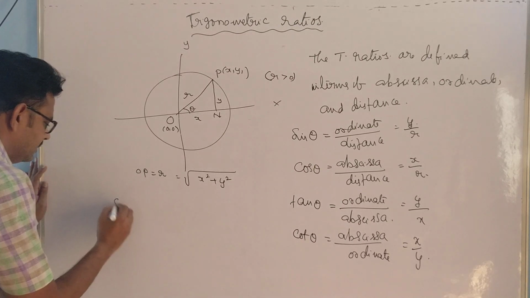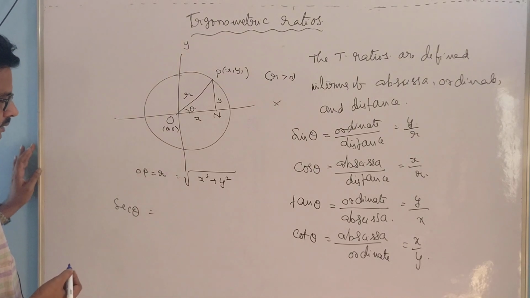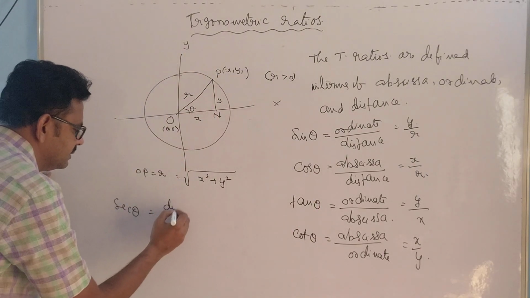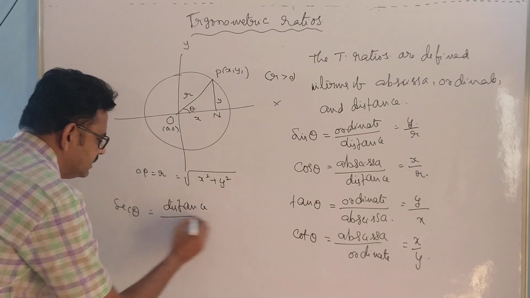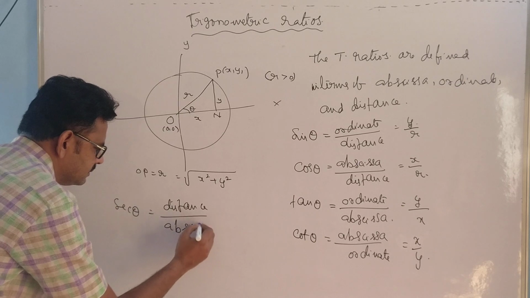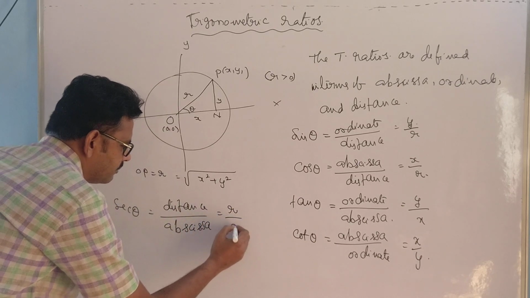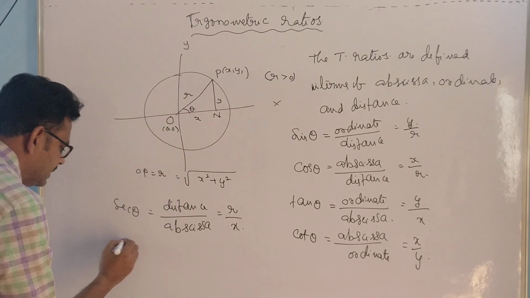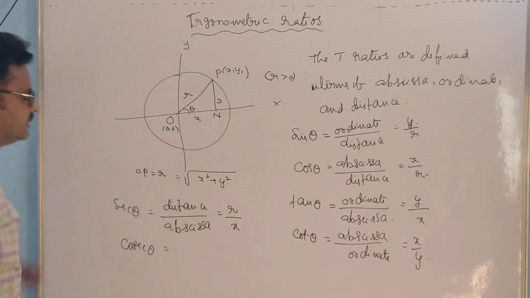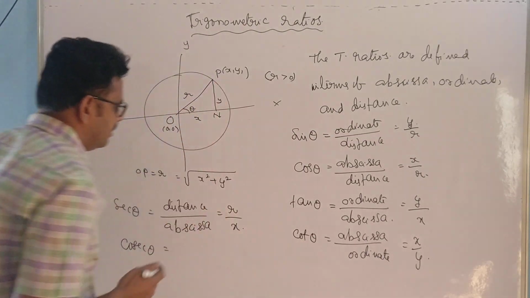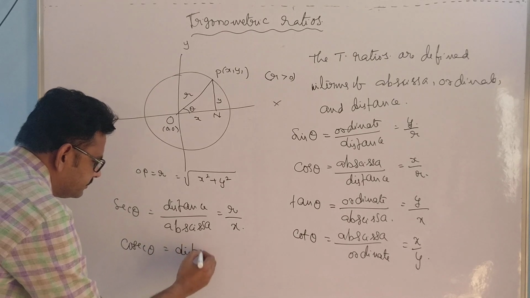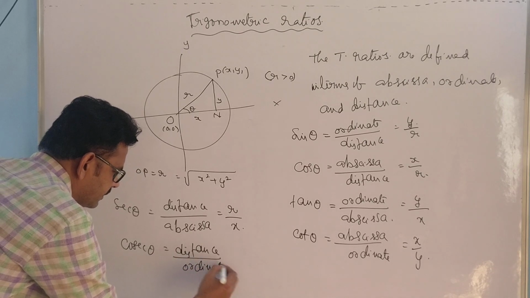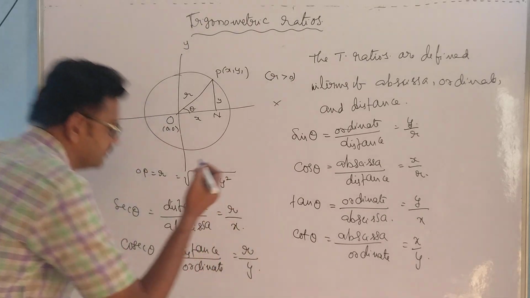And secant theta is the reciprocal of cos, that is distance by abscissa, equal to r by x, hypotenuse by adjacent side. And cosecant theta is defined as distance by ordinate, that is equal to r by y.